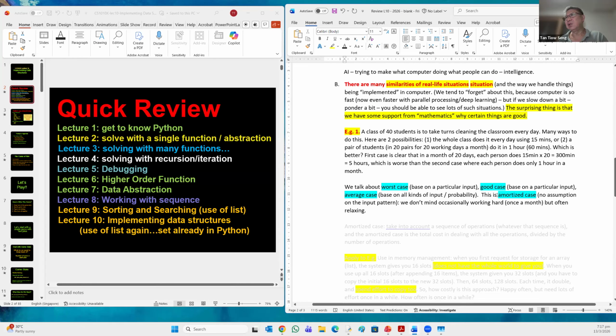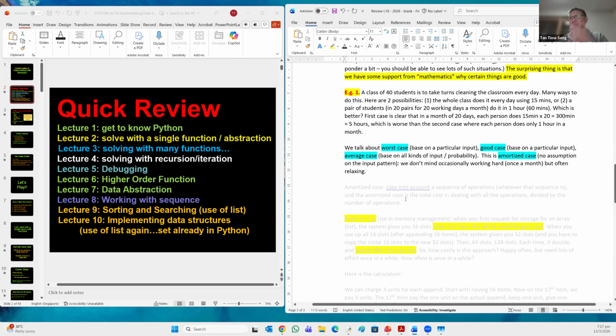Now, here is the one that is most interesting, amortized case. There is no assumption on the input pattern. Basically, you give me any way of doing things, any pattern, as you will see in the next example here.